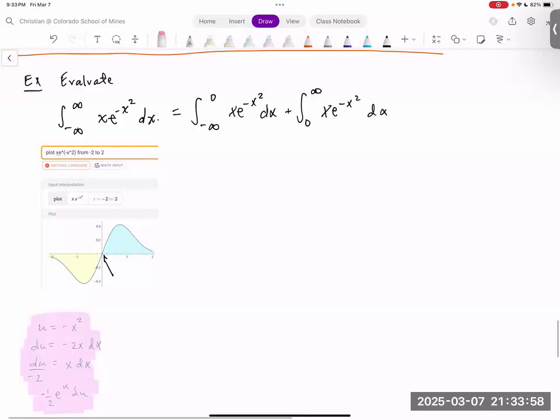Okay, so if we're wondering if this original integral converges, if this area equals something and this area equals something, and then together they add up and equal something, then for this integral to converge, both of these have to converge. You can't have one converging and the other diverging and say the original converges.